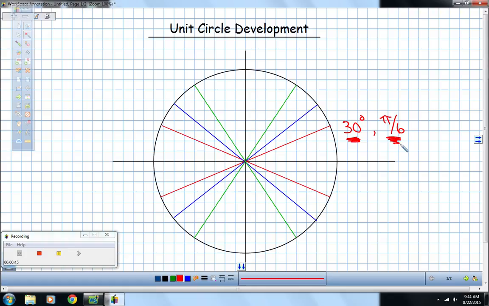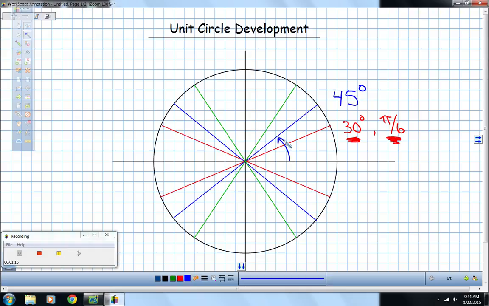Similarly, I'm going to take out my blue pen now. If you have colored pencils or colored pens, I'd bust them out because we're going to make good use of them today. In this first quadrant, this terminal side is 45 degrees with the x-axis.